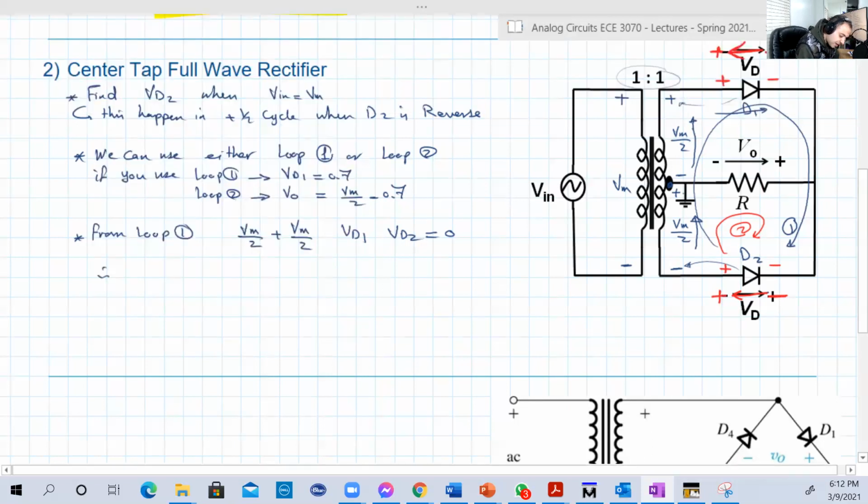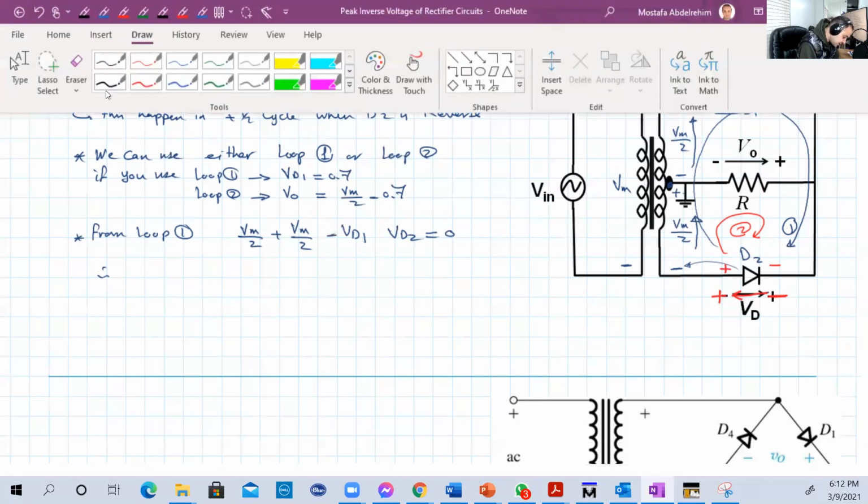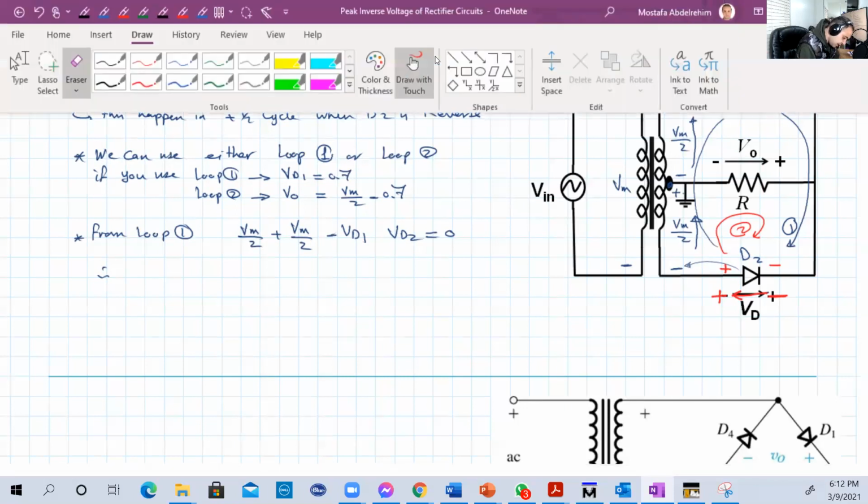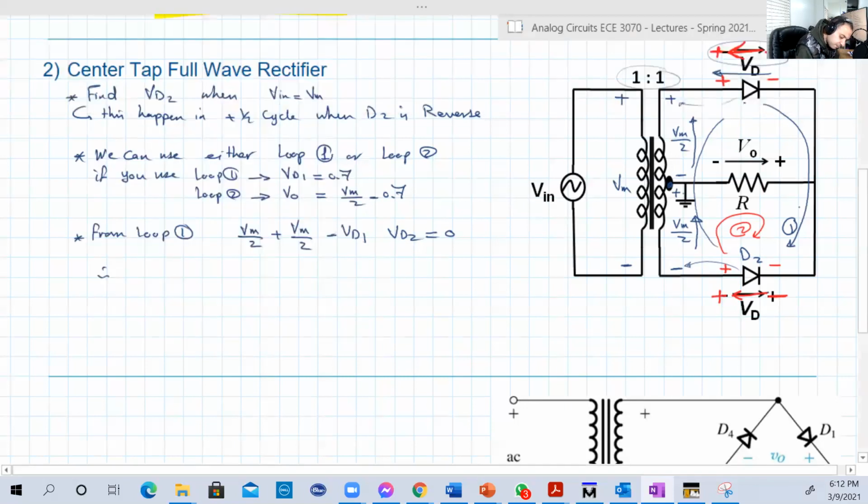Okay. So basically, let's correct that as well. So Vmax over 2, Vmax over 2. Then here, this is opposite. This is in that way. So minus VD1. And let's remove the incorrect thing here. Okay. And then for VD2, minus VD2 or plus VD2 because it's in the same direction.